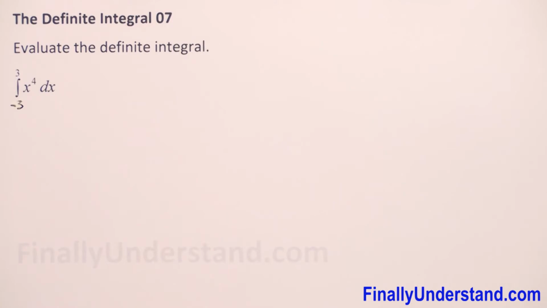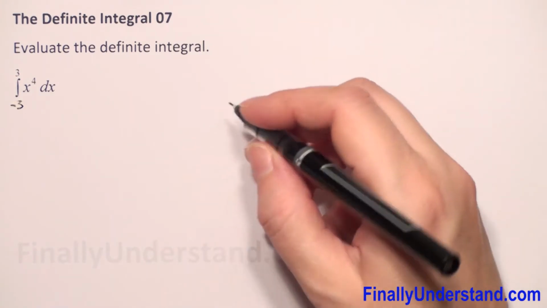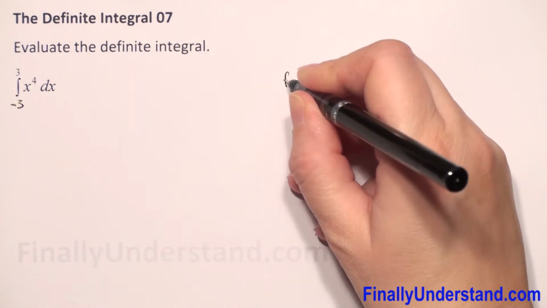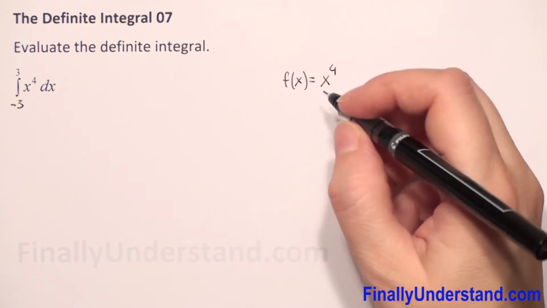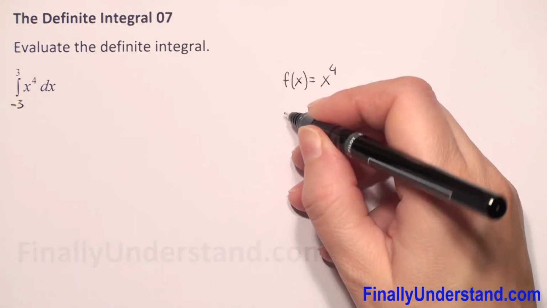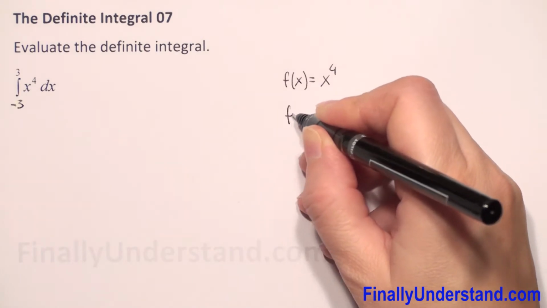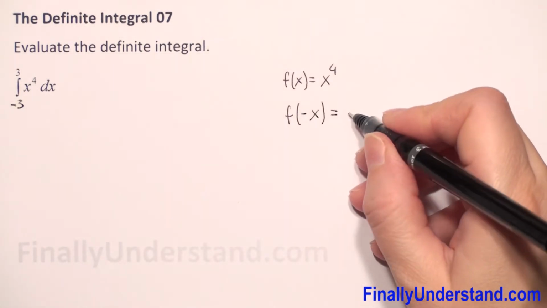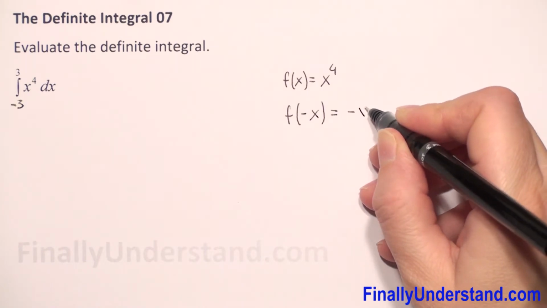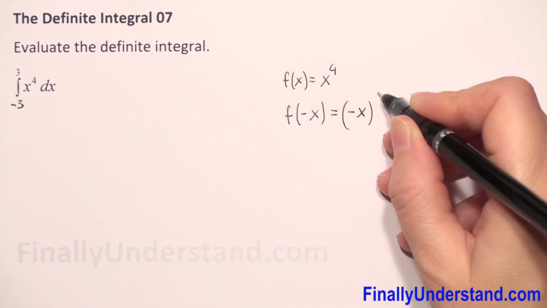Next step, because here we have an even function, if you don't see it, let me write this. Let f of x equal x to the 4th power. To check if our function is even, we have to find the value of our function for -x. It means we have to replace x by -x, and raise it to the 4th power.